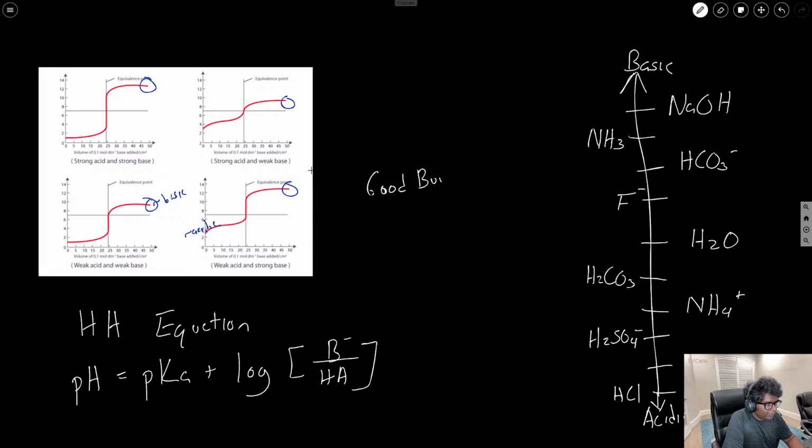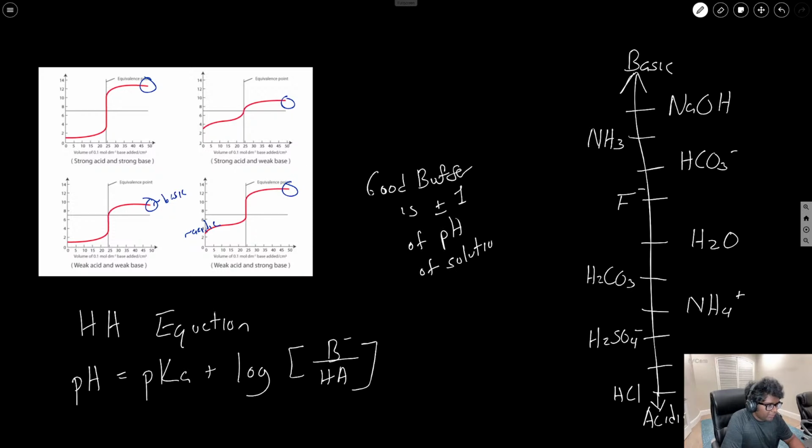A good buffer is within 1. I'll write it as this. It's plus or minus 1 of the pH of the solution.